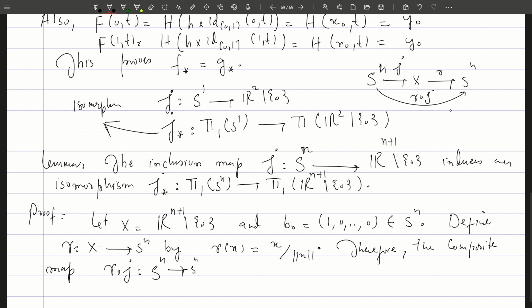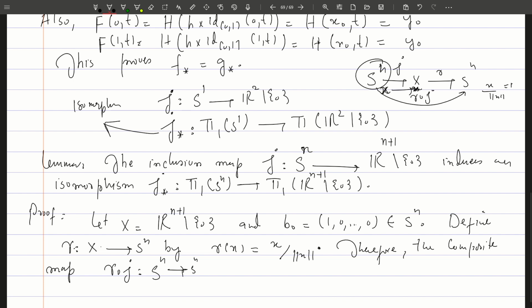This is an identity map because J takes an element, say small x, to x here, because this is the inclusion map, and this x goes to x by norm x, but norm x is 1 because x was chosen in this space.